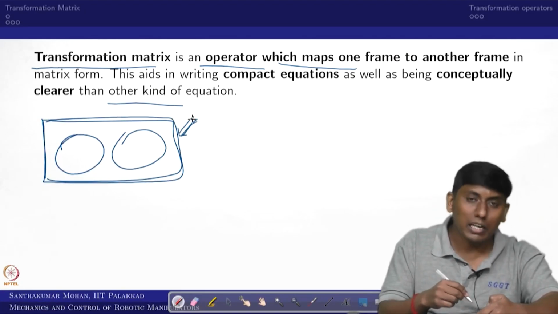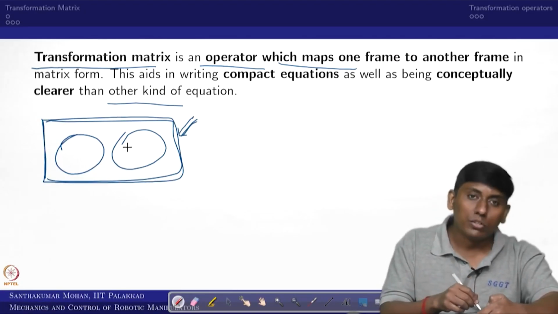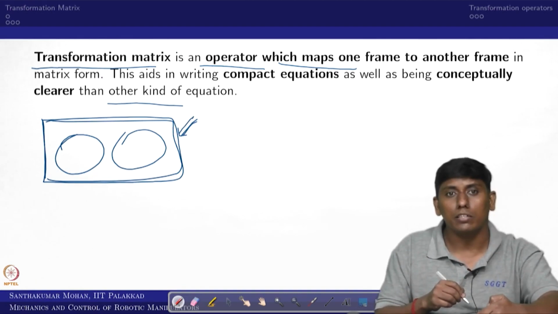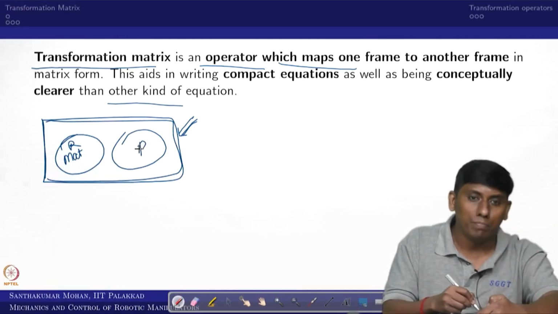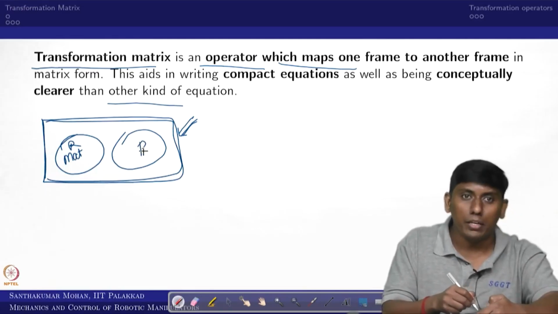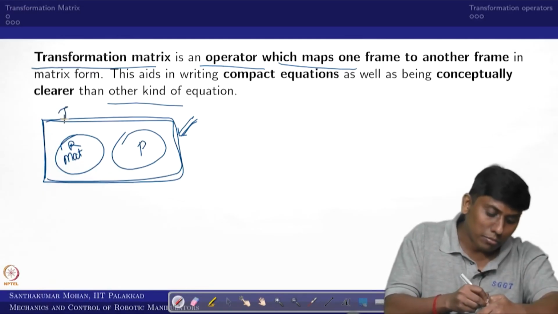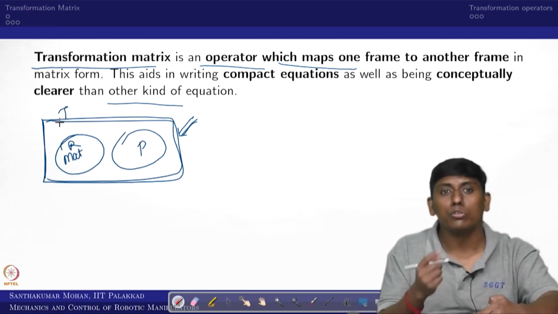But if I look inside the class gender-wise, girls and boys are heterogeneous. In a similar way, the rotation matrix and the positional information are like girls and boys, but instead I am calling them a transformation matrix, a single entity, like a student.